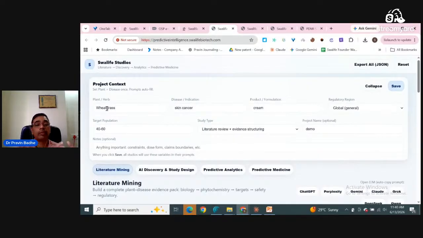So the starting point will be the plant, before actually going for any lab work. We will be using this tool. Disease-wise, we will go for oral cancer and we will be creating a gel, and regulatory-wise as well.